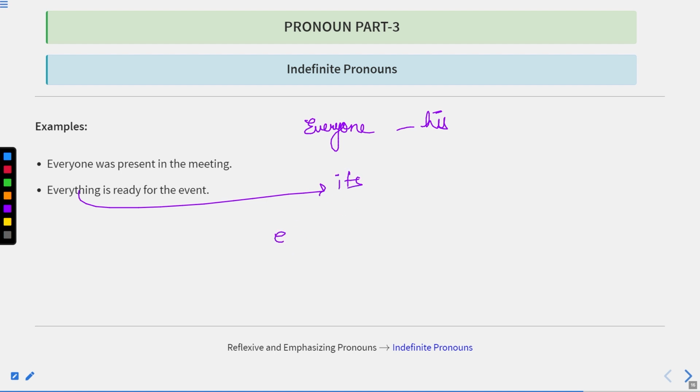For example, everything has its own value. In this sentence you can see that I'm saying everything has its own value.